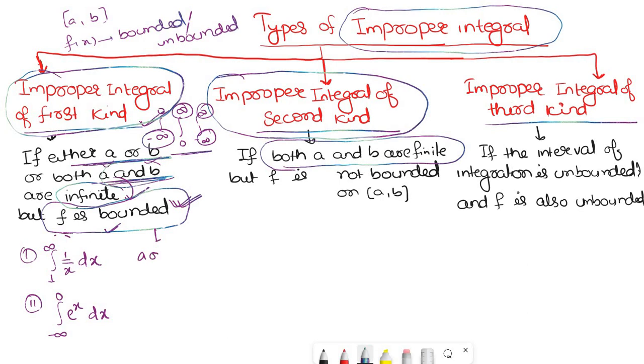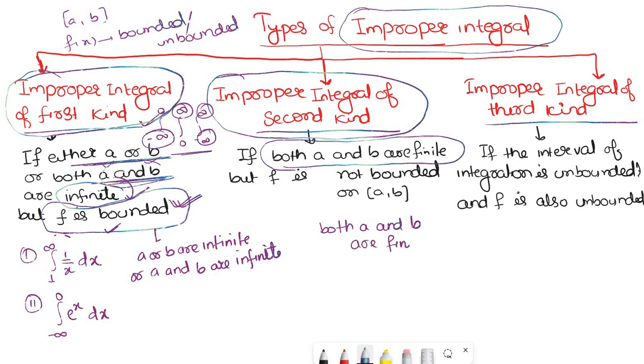Here in the first kind a or b are infinite, or both a and b are infinite, but in the case of improper integral of second kind, both a and b should be finite.